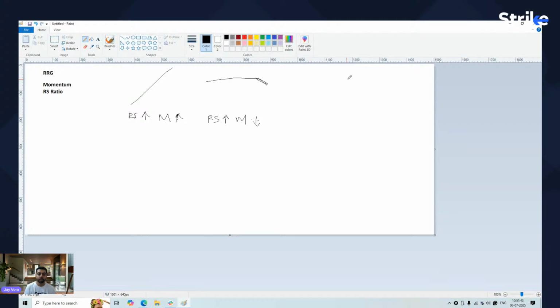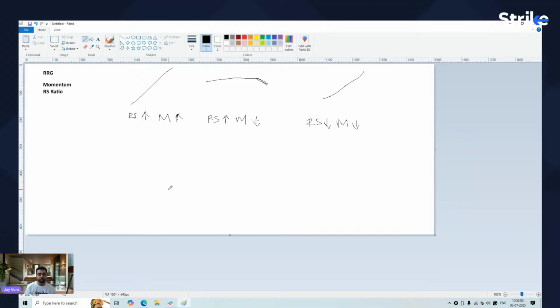Now there is one more thing, which is, here RS is also falling, right? And momentum is also falling, right?